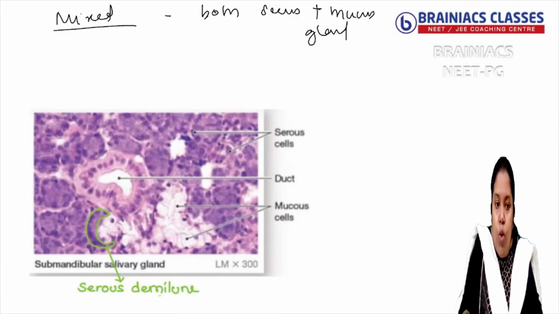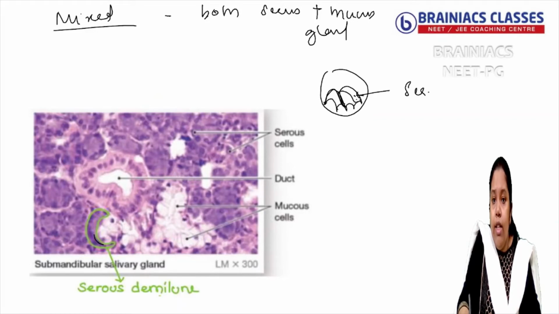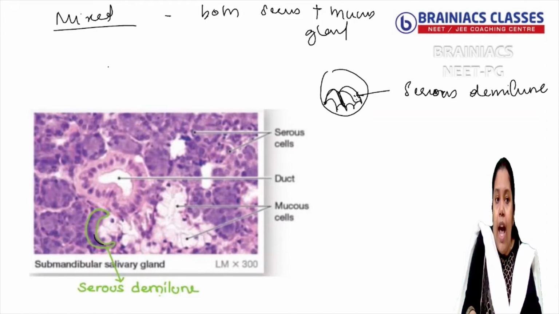If you take the mucus cells, they will be overlapped by the serous cells. This is called serous demilunes. Why does this occur?